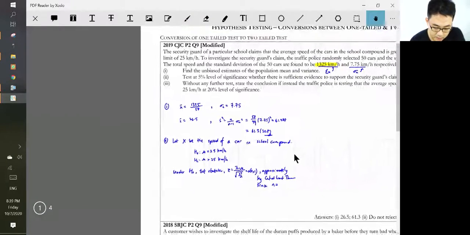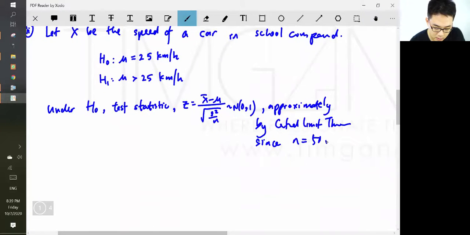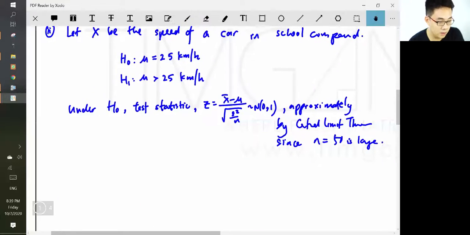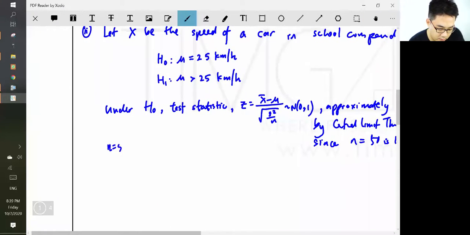How many cars are there? 50. Okay, so n equals 50, x bar 26.5, s squared equals 61.288, alpha percentage equals 5%.